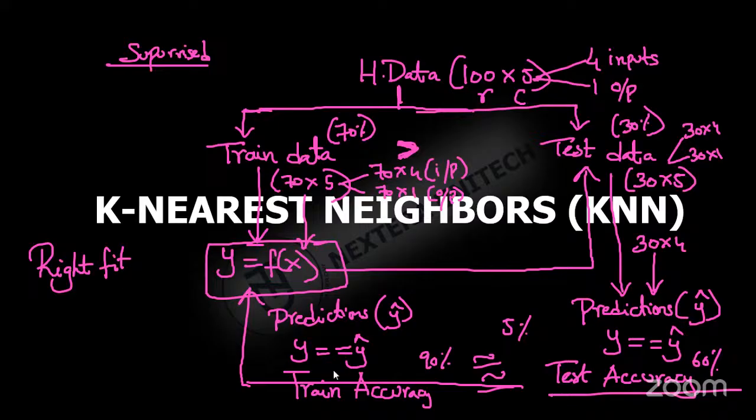A right fit model is a model which returns good results on both the train data and the test data. I'm talking about accuracy. So a right fit model will give us high accuracy on train data and high accuracy on test data.